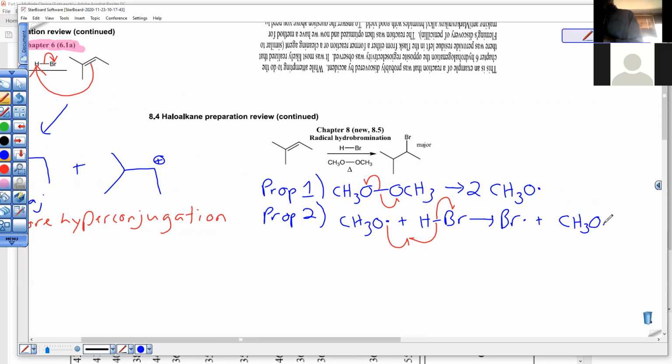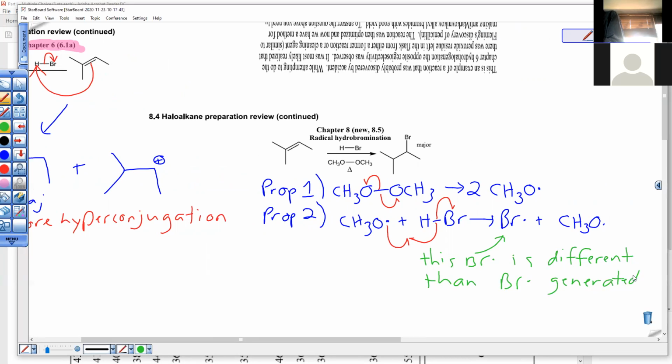We got a comment on this bromine radical here. This Br dot is different than Br dot generated this way.